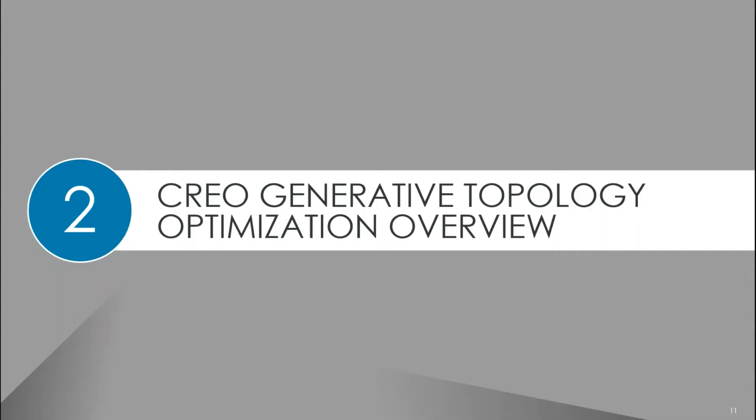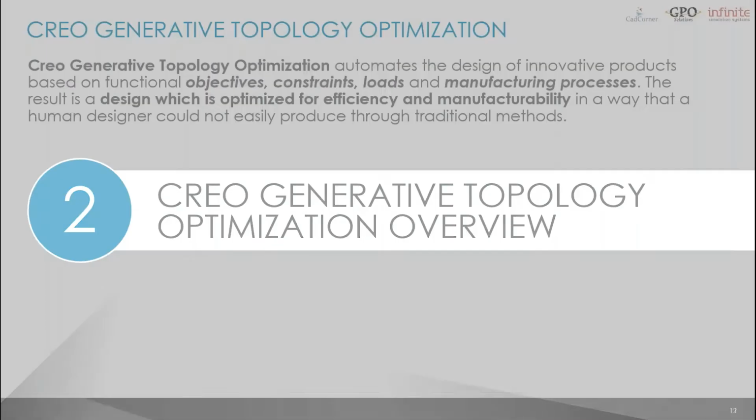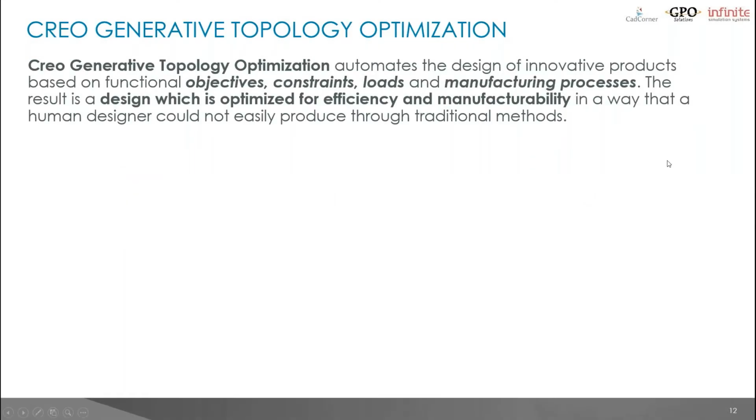Let's first have a look at the overview of what generative topology optimization is exactly. It is a new topology optimization tool based on the powerful FRUSTUM technology that essentially allows engineers to generate innovative designs or products based on predefined functional objectives, boundary condition loads, and specific manufacturing processes.